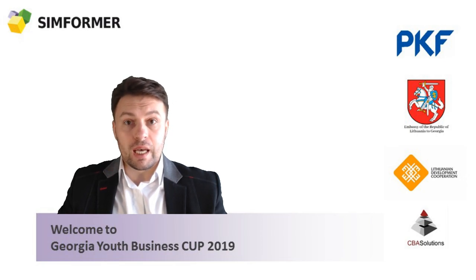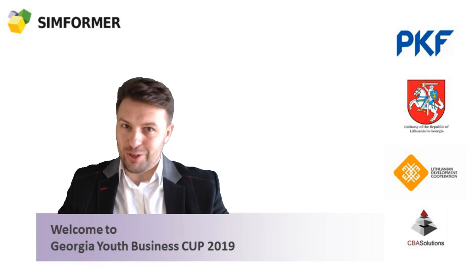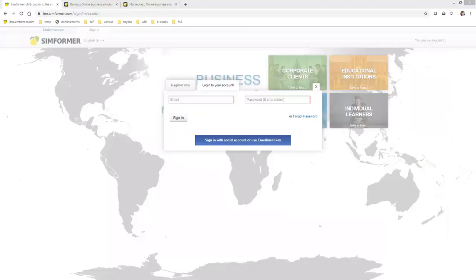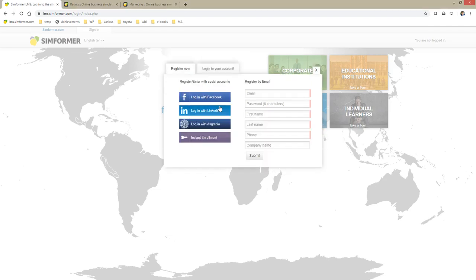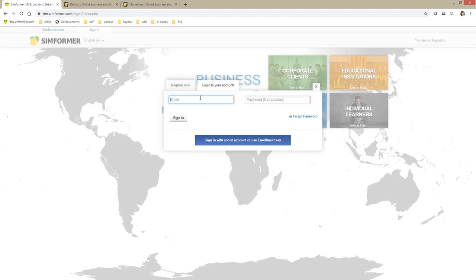So first, as we have formalities out of the way, let's jump right into the action, shall we? As you already know, you received emails with information on how to log in. What you need to do is focus on logging in, not registering, but actually logging into your account, simply typing in the email that you used for registration.